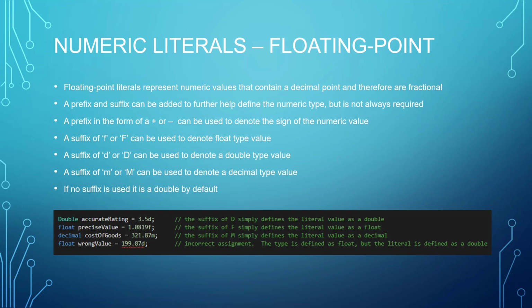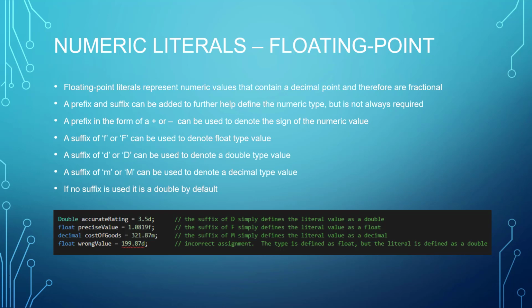A lot of times decimal is used to represent monetary values. And so we use the suffix of M, and we assign a literal value of 321.87. And then we put the suffix of M on there in order to define this as a literal decimal.